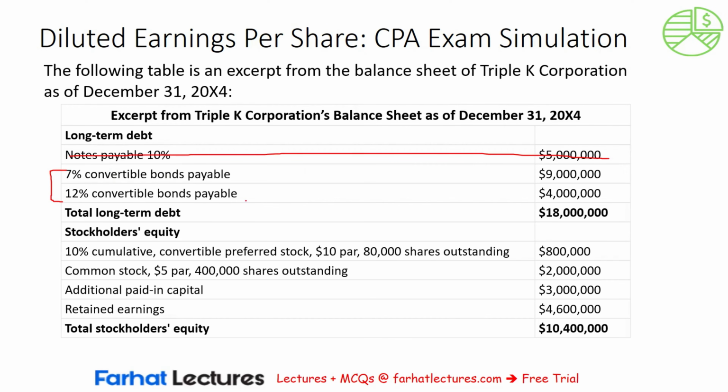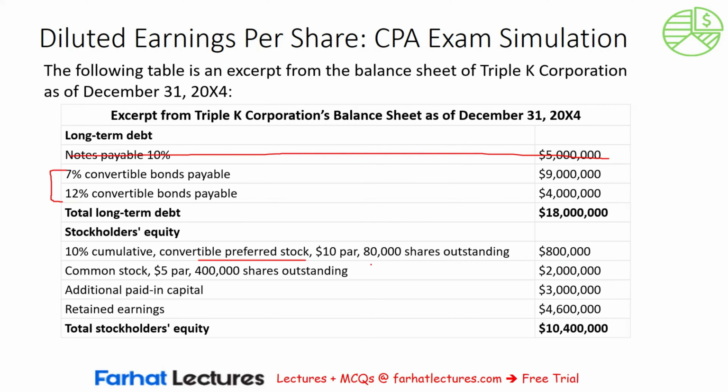Here we have two convertible bonds, two types. One is 7% and the other is 12%. These are going to be considered. We're going to apply the if-converted method on these two types of convertible bonds. We have also 10% cumulative convertible preferred stock, $10 par, 80,000 shares outstanding, and their par value is $800,000.